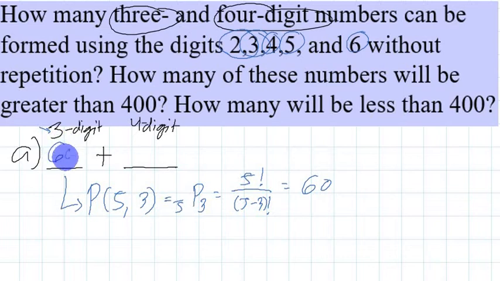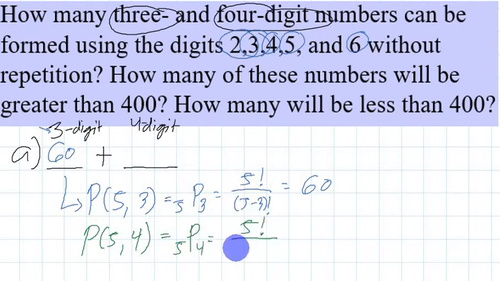So there are 60 3-digit numbers that we can form without repetition from these numbers. The second case is if we have a 4-digit number. We still have 5 given numbers, and from 5 we're going to take 4. That means we need the permutation of 5 taken 4, which is 5 factorial over 5 minus 4 factorial. This will give us 120 4-digit numbers.